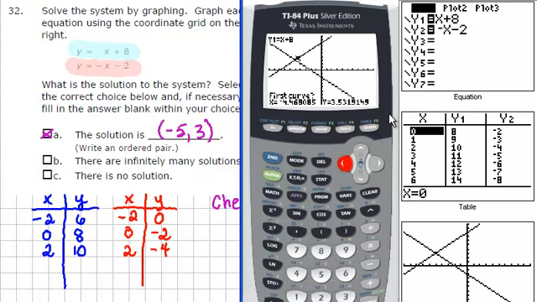Once it is, then you'll go ahead and press Enter 3 times. The first time you press Enter selects the first curve, the second time you press Enter selects the second curve, and the third time locates the point of intersection. Once you see intersection at the bottom of the screen, you know that the process is done. It says the x value is -5, the y value is 3. The point of intersection is -5, 3, so the solution to the system is the ordered pair -5, 3.